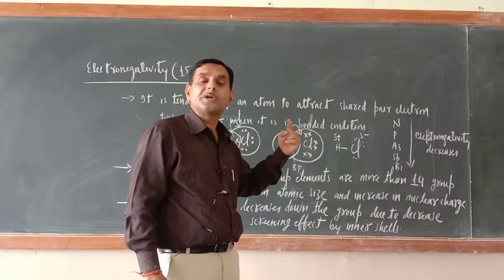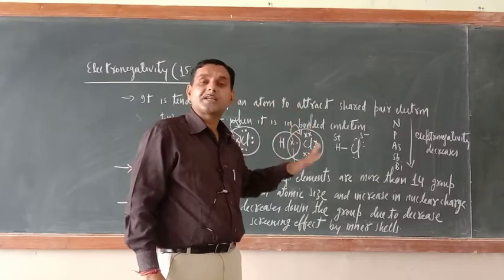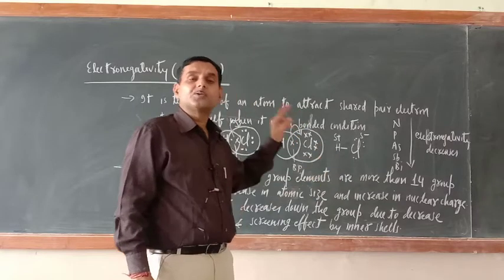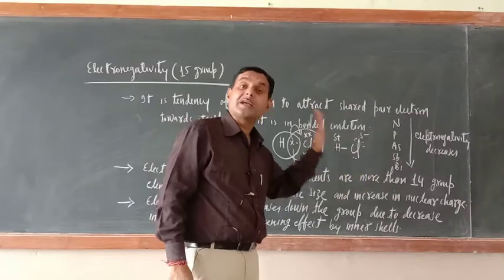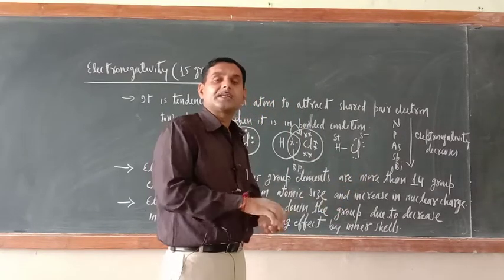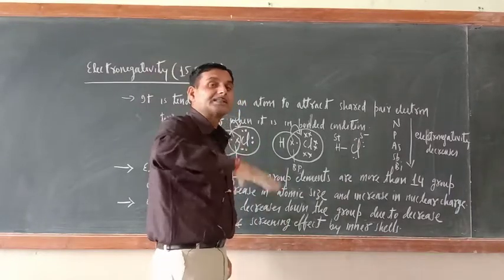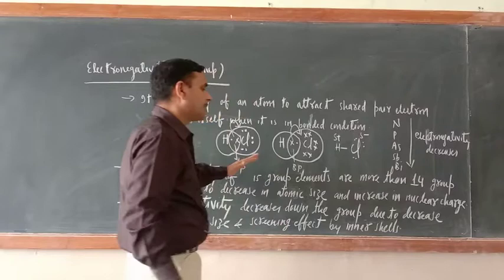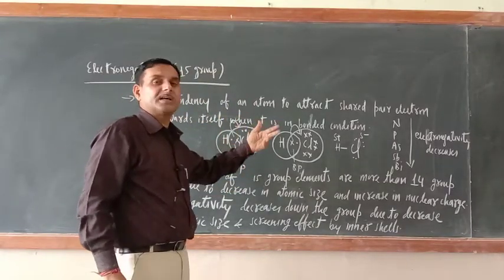Second, due to the increase in the number of inner shells, nuclear charge is also screened. So nuclear charge is not decreased, rather it is controlled, checked, screened, sealed. That is why it will not reach the outermost shell, hence the atom will not attract the bond pair electron whenever it is bonded with other atoms.